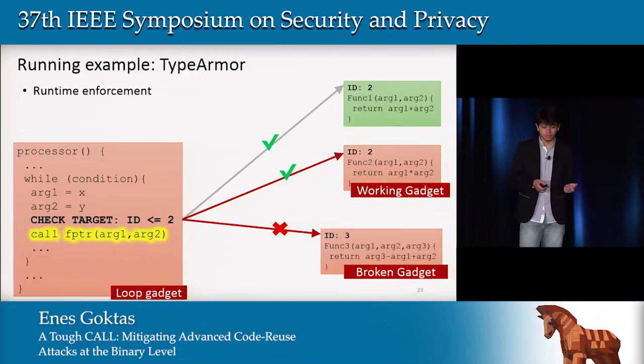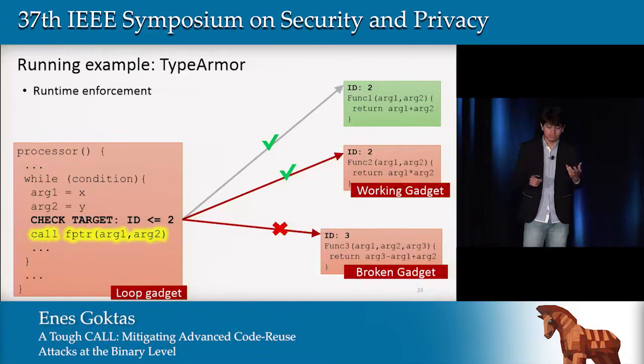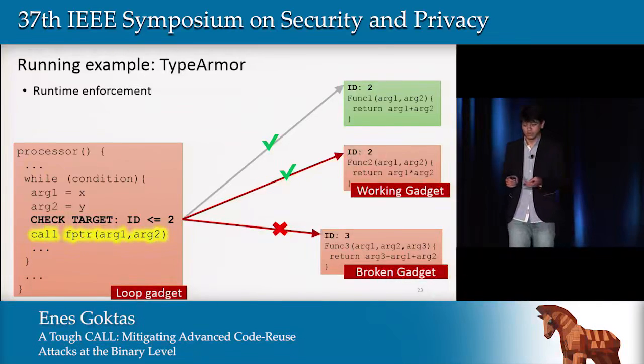Once the indirect call is about to be called, it retrieves the ID of the targeted function, and then it performs a check. This check asks: is the ID of the targeted function within my reach? That is, it checks whether the target ID is less than or equal to its own ID. So in this case, this indirect call could go to functions that have 0, 1, or 2 arguments.